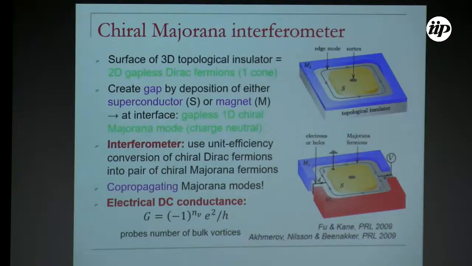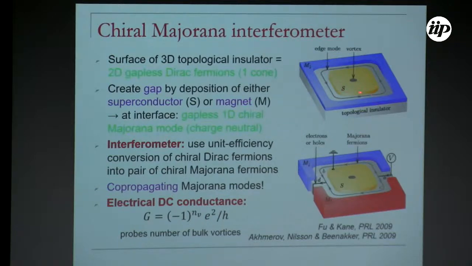And you can gap them out by deposition of either a magnet or a superconductor. And so the idea of these gentlemen was, let's put, for instance, in this central region, a superconductor. It might harbor some vortex or not. So here, on the topological insulator, there's a superconducting layer, just a plain s-wave BCS superconductor.